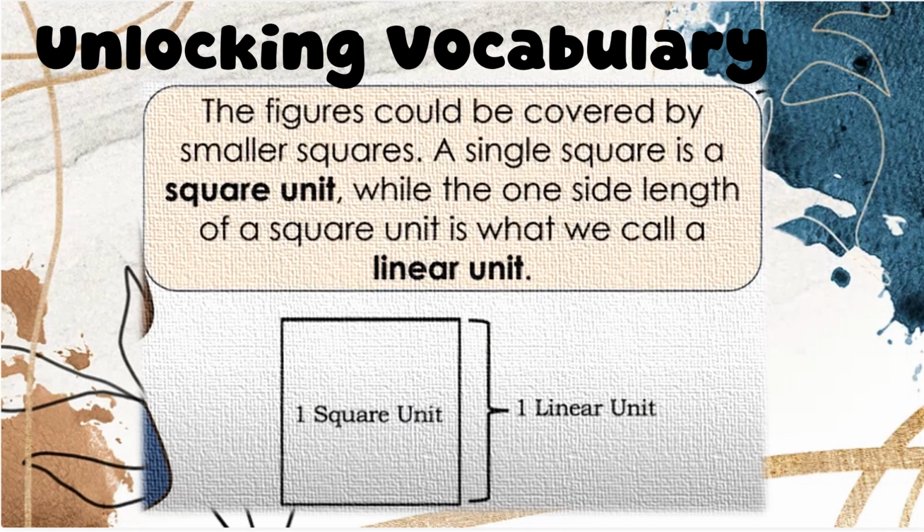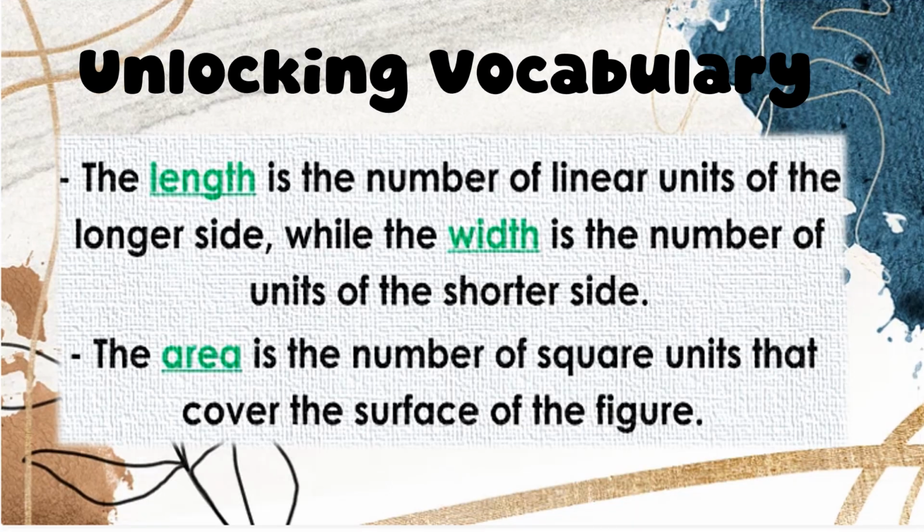Let's begin. Lacking vocabulary. The figures could be covered by smaller squares. A single square is a square unit, while one side length of a square unit is what we call a linear unit. So one square is one square unit, and one side of the square is called one linear unit. Do you get me?